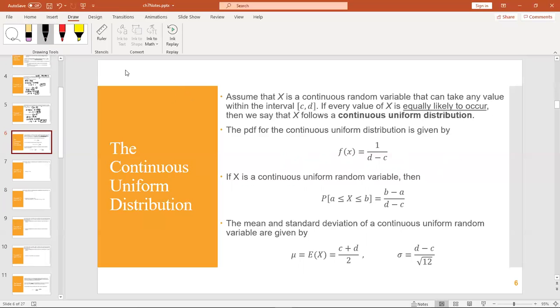Now, we actually saw this in action already, because the examples that I was just doing, and the way I could look at it and tell immediately that there was a typo, was because of this fact. The PDF for the examples we were just doing is 1 over 4 minus 0, times x. So then what we ended up with was 1/4 times x.